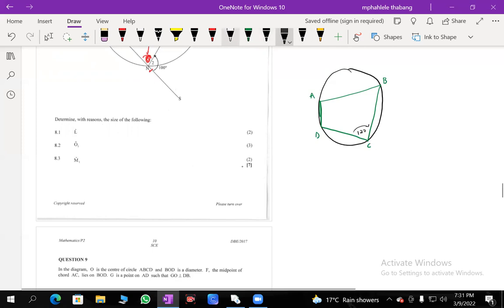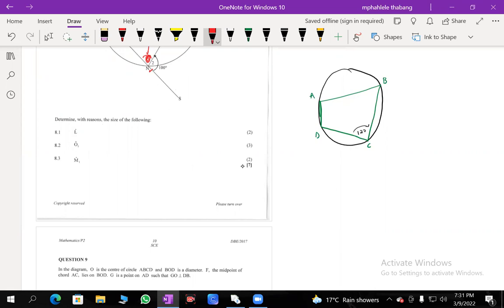If we were to say angle C is 120, what do you think angle A will be?